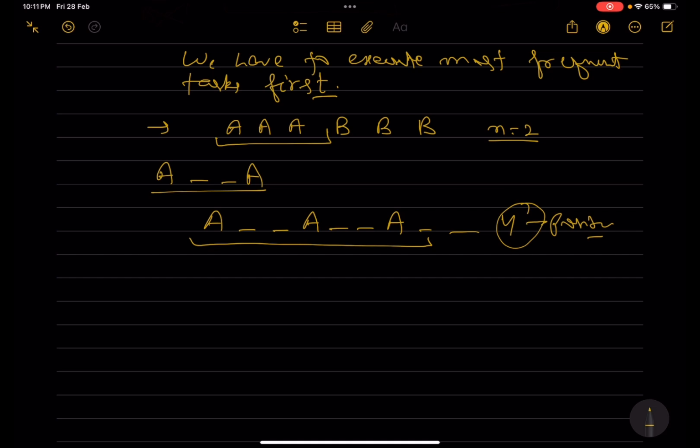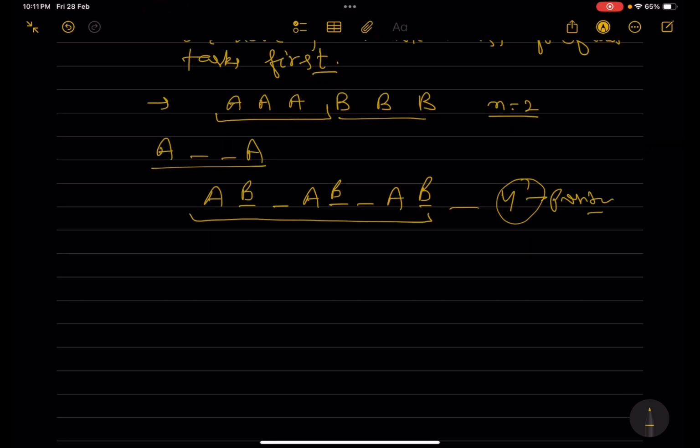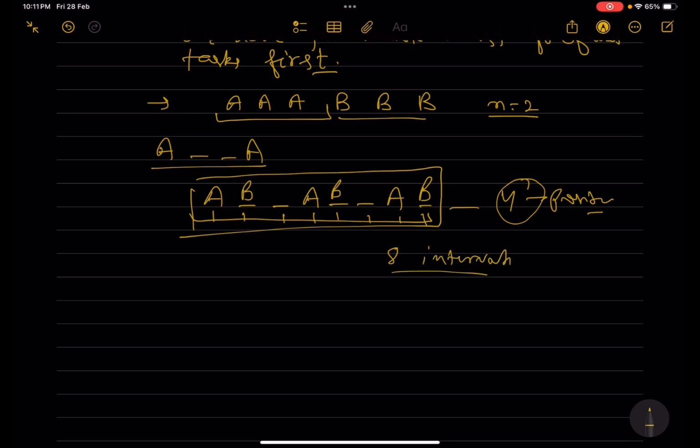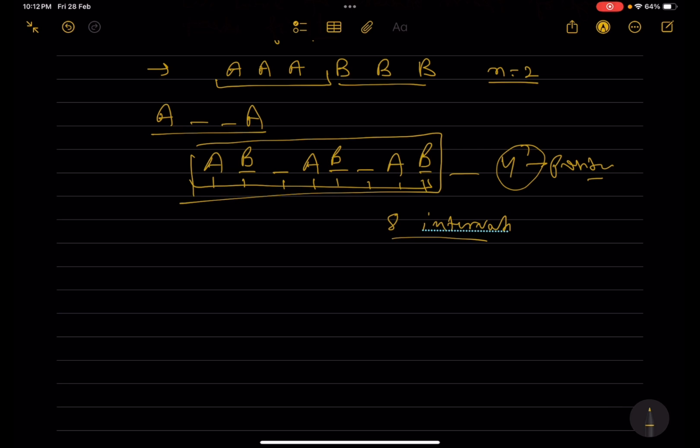So we have 3 B's over here. Now we can start inserting B. B can come here, here, and then here in the last. So what would be the answer for this? 1, 2, 3, 4, 5, 6, 7, 8. 8 intervals minimum. Now let's try to find the formula.